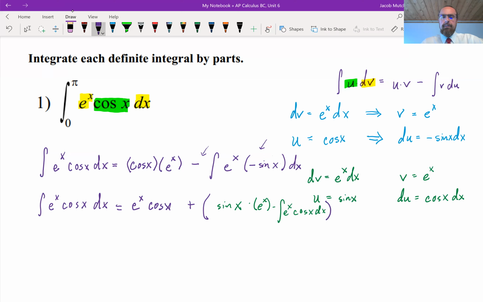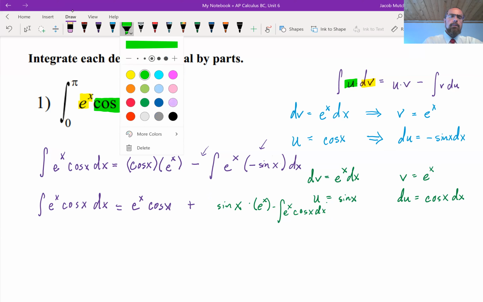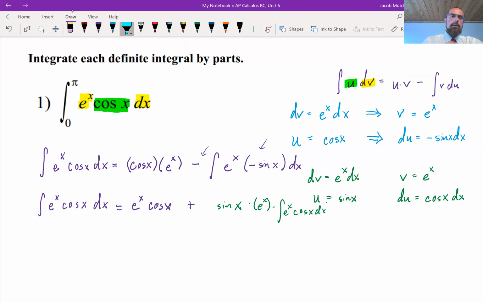Now, as I bring this binomial out of the parentheses, I can pretty much just let the parentheses go since there's no coefficient out front. And what I notice is that these are identical integrations. The original question, integration of e to the x cosine x dx, same as minus integration of e to the x cosine x dx.